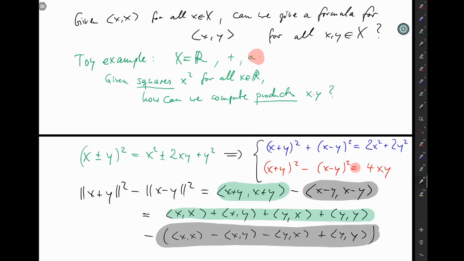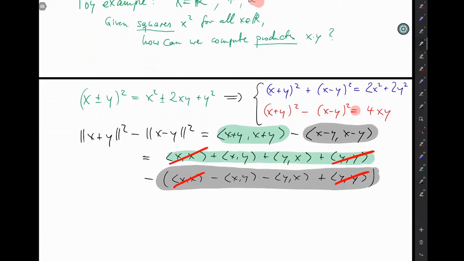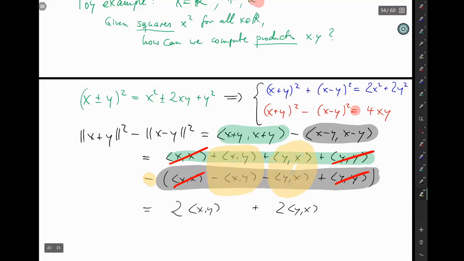Okay, now let's simplify. We have cancellation here and here, and again here and here, and what remains are the mixed terms. So if you write this out, you get 2 times x comma y from here, note the minus sign in front, and 2 times y comma x coming from here.